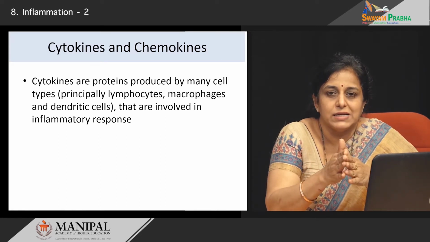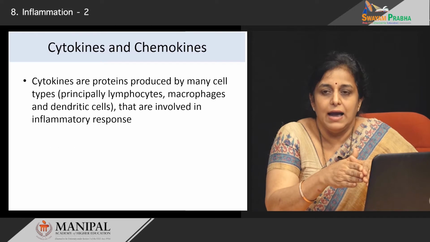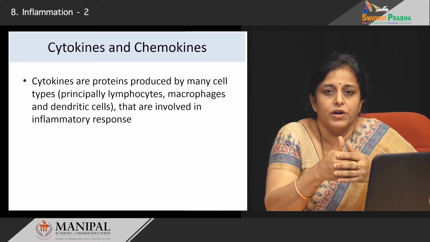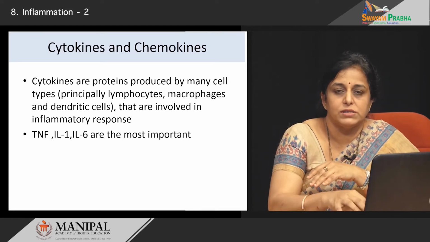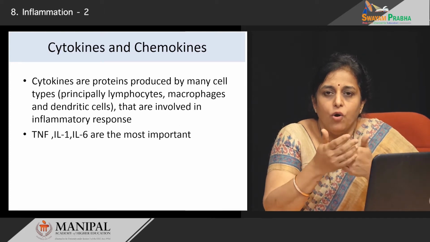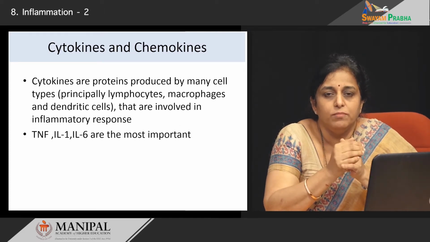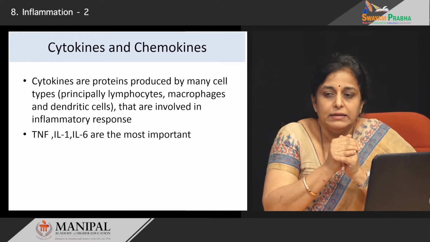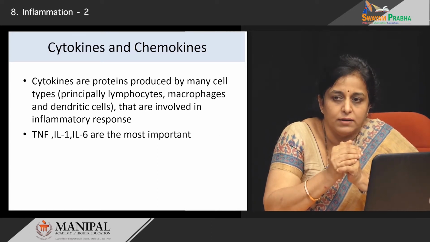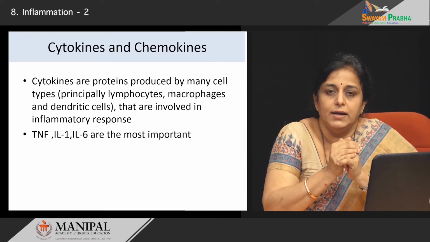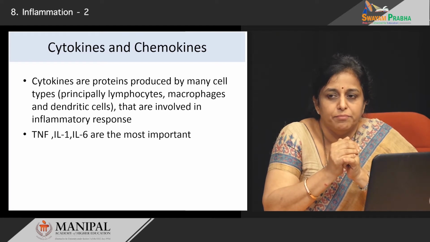So, cytokines, as the name says, are produced by cells and have a very important role in the inflammatory response. There is a long list of cytokines, but the most important among them are TNF or tumor necrosis factor, interleukin 1 and interleukin 6. These are the major ones.